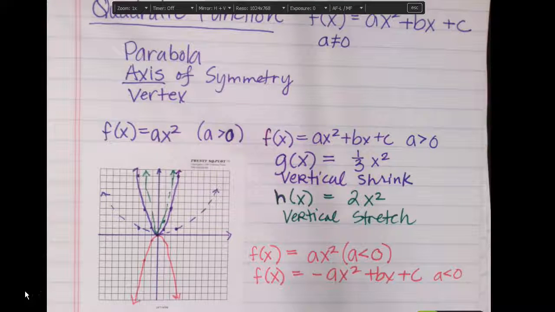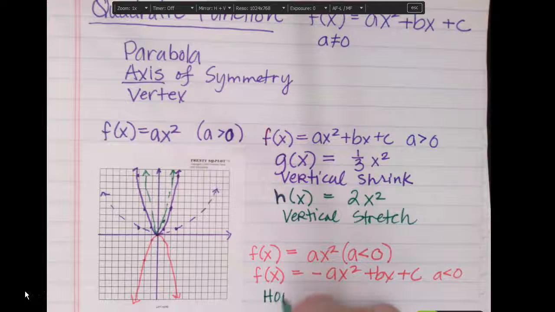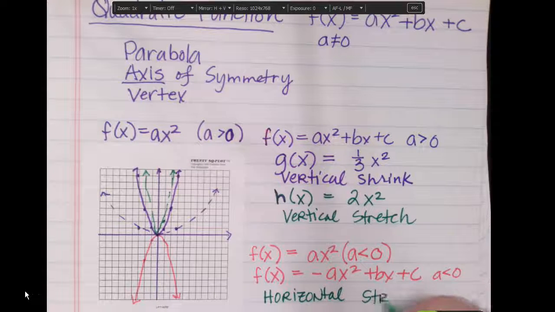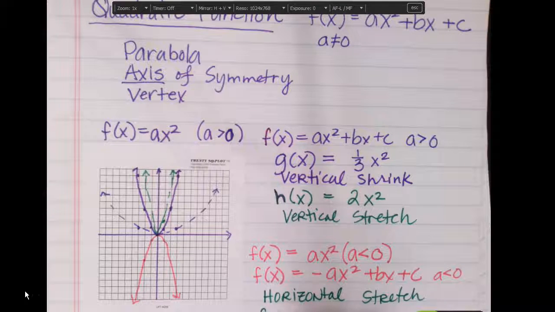And so I could demonstrate my horizontal stretch and shrink down here, but in the interest of saving time, I will let you do those. You can graph those. We'll do a horizontal stretch. And think about what would have to change in your equation. Well, we'd have our a here, and it would be less than 0, so that would be a negative if I wanted to be able to graph it down here.